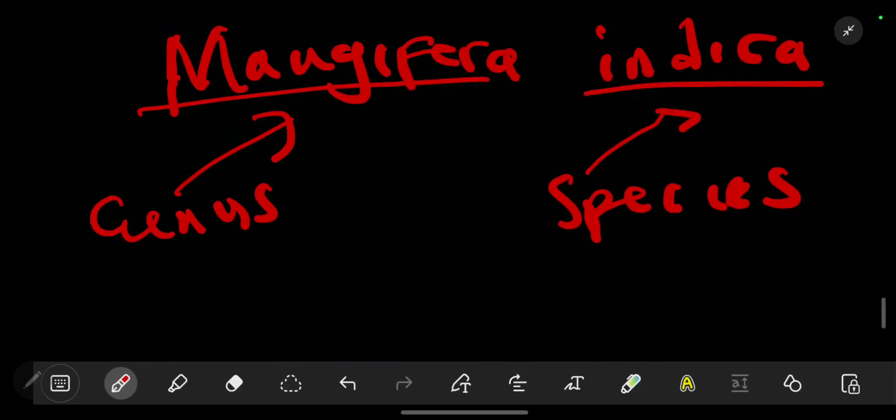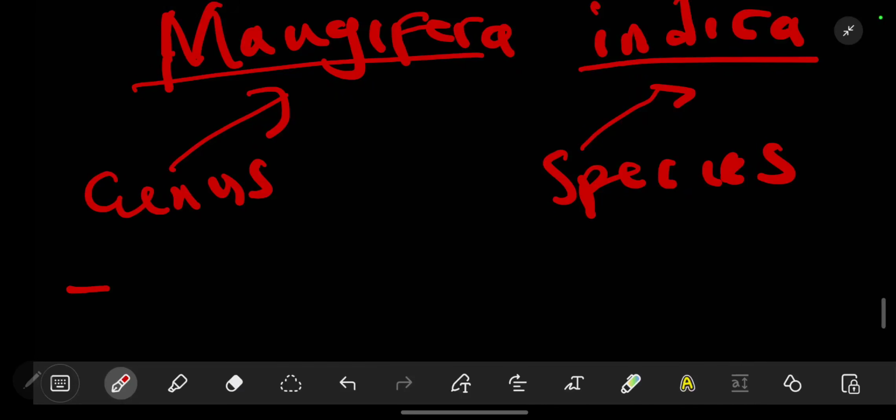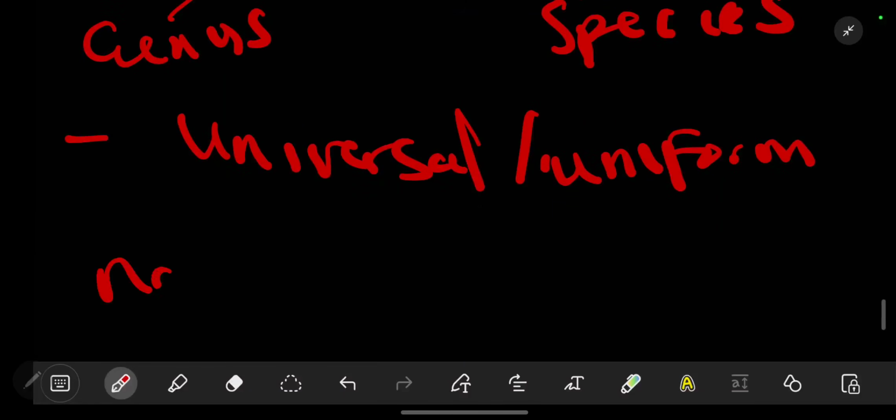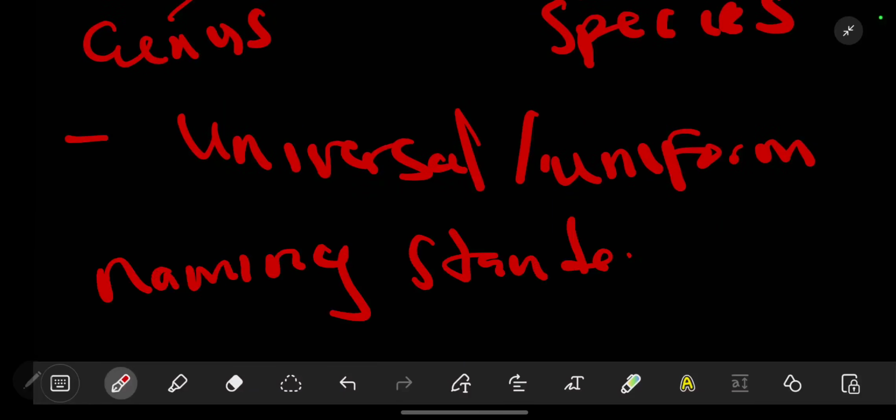Now this same thing is what causes what we call a universal or uniform naming standard. Here we can talk about the way an organism is supposed to have a two-part naming standard, and also it is uniform throughout.